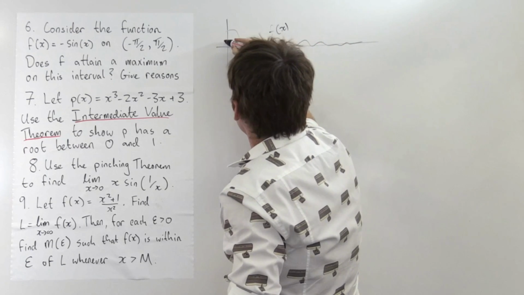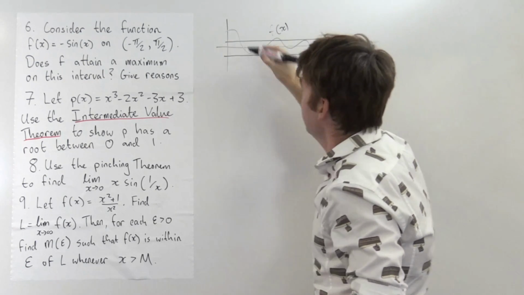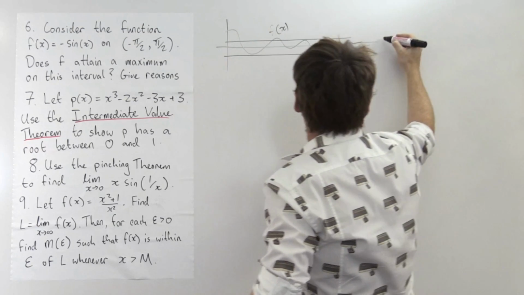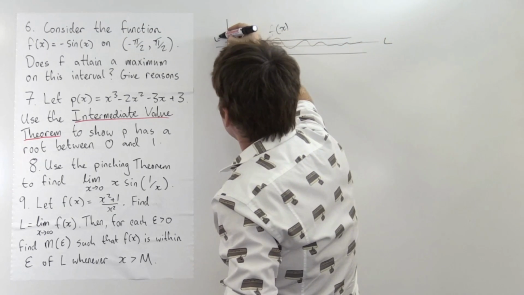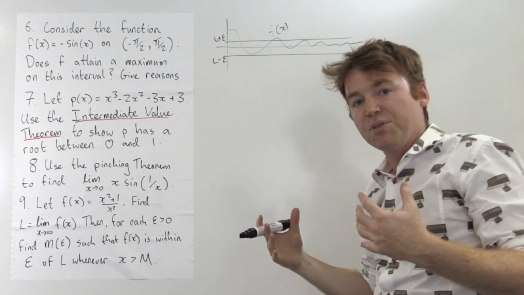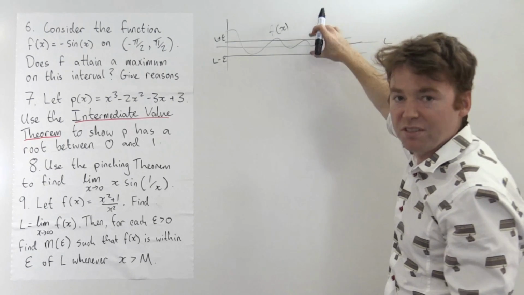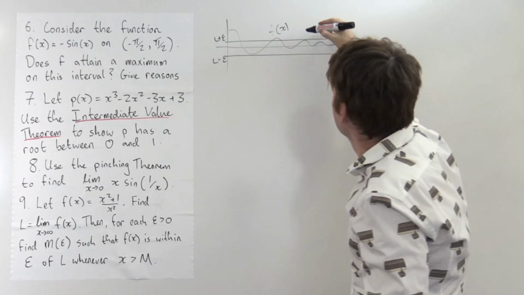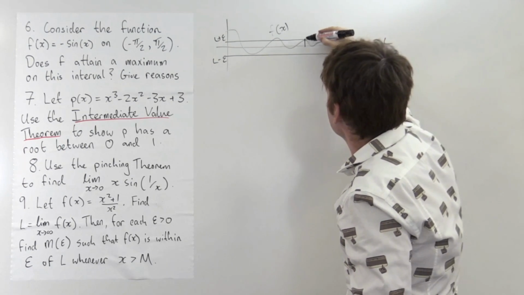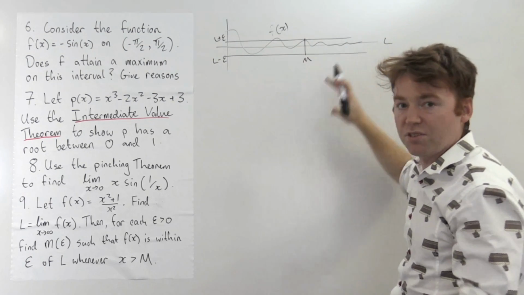The idea is that for any epsilon, here's my limit, here's the limit plus epsilon, here's the limit minus epsilon. For any epsilon, the function is eventually within this epsilon sausage and stays there. So maybe my point might be here. Eventually, at this m, the function is within the sausage and stays there.